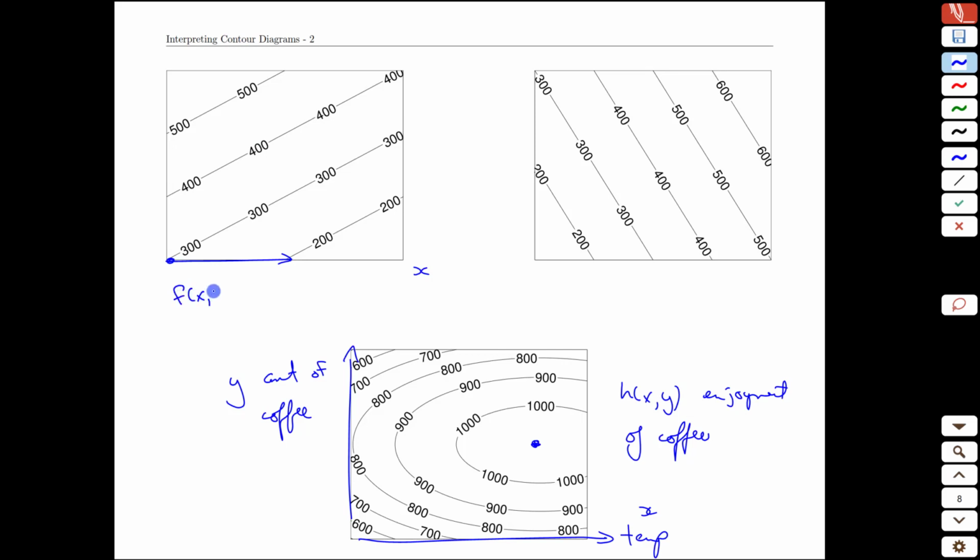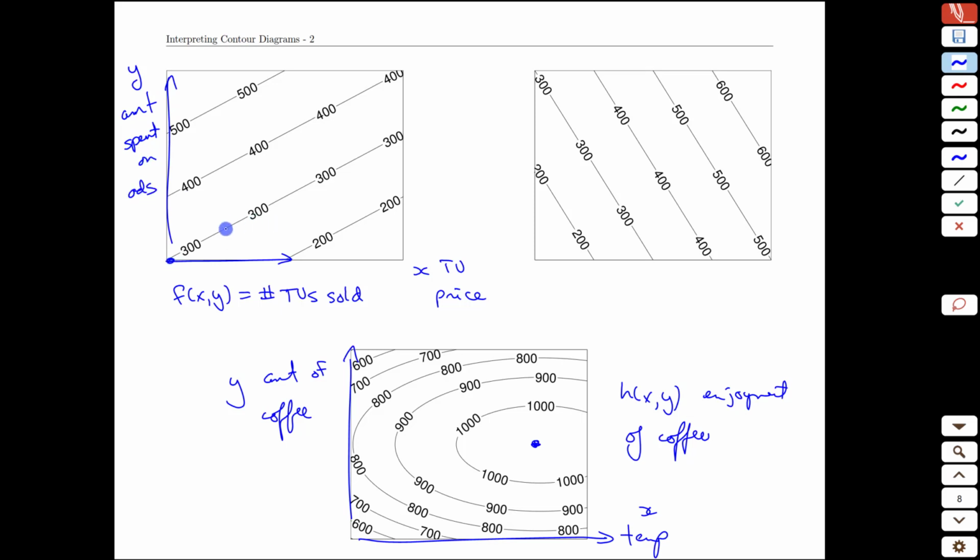This would be our f of xy, which is equal to the number of TVs sold, where x is then represented by the TV price, and the y direction is the amount spent on ads.